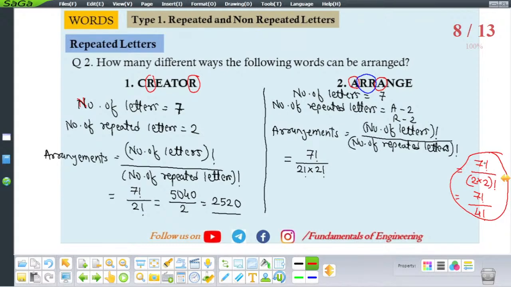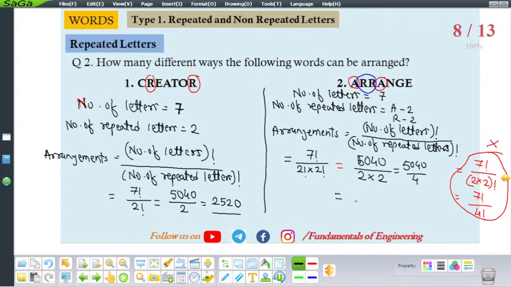So the 7 factorial value we have written here is 5040. Now 2 factorial value is 2 and again 2 factorial value is 2. So 5040 upon 4, that is correct, and based on that we get the final answer Amrut has given, 1260.